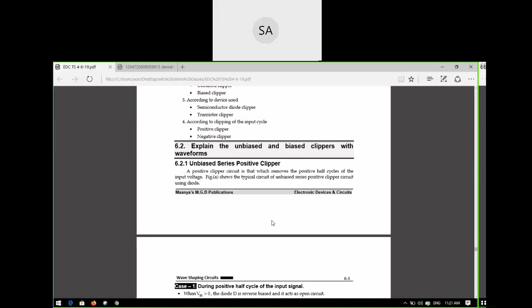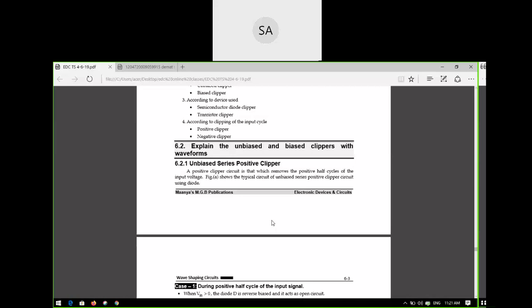So the first one you are seeing is the unbiased series positive clipper. It clips off the positive portion of the output waveform. Whatever input waveform you apply, the positive portion is completely clipped off or removed. A clipper is a circuit which clips off or removes some portion of the input signal or waveform.